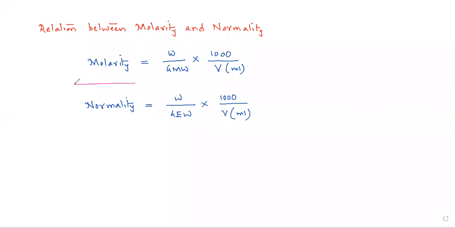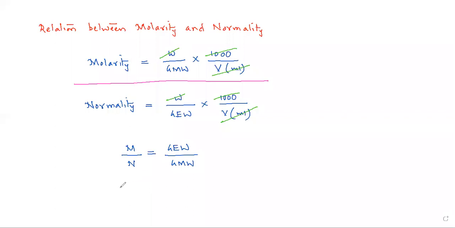Now, take the ratio. Everything gets cancelled except the molecular weight and equivalent weight, right? So now this can be given as molarity by normality is equal to gram equivalent weight by gram molecular weight, right?